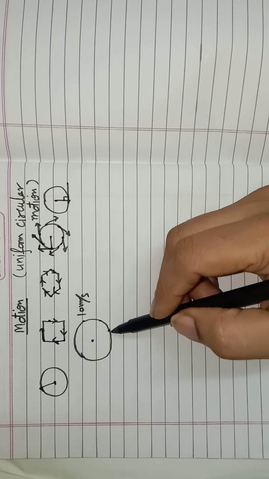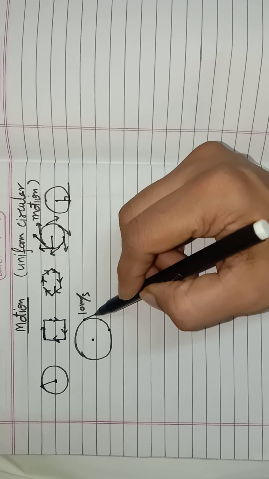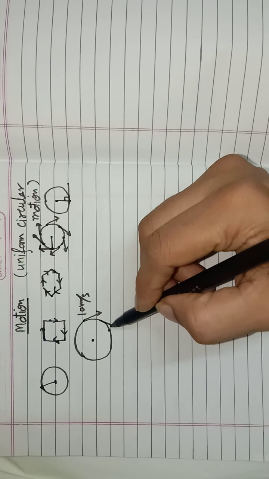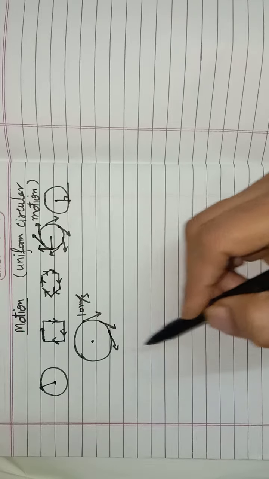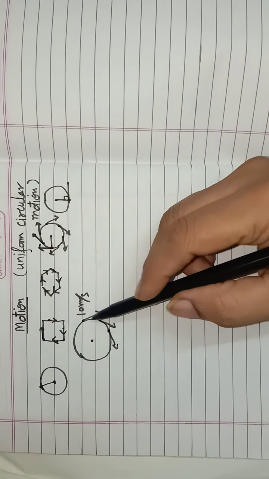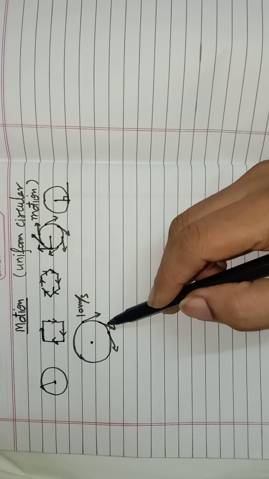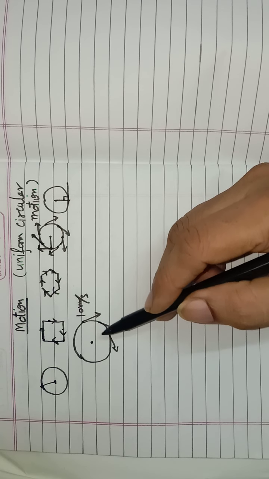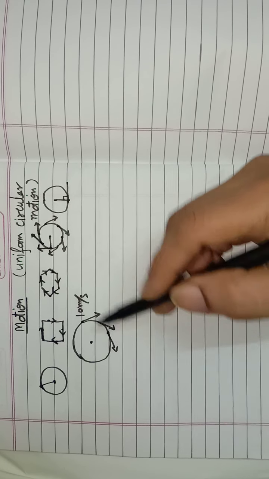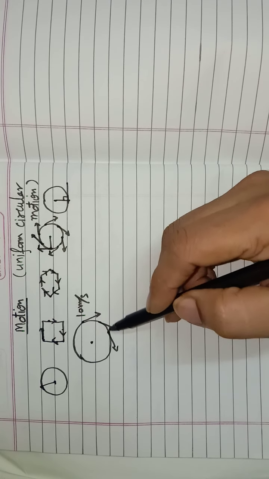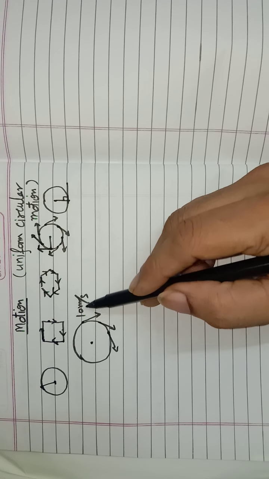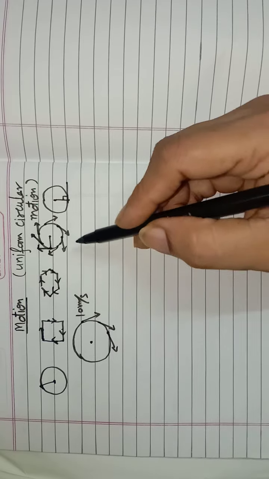But what changes here? Its direction of motion changes. We know that if the direction of motion of a body continuously changes, it has a non-uniform velocity. We can say it has a uniform speed because its speed does not change. But what about the velocity?